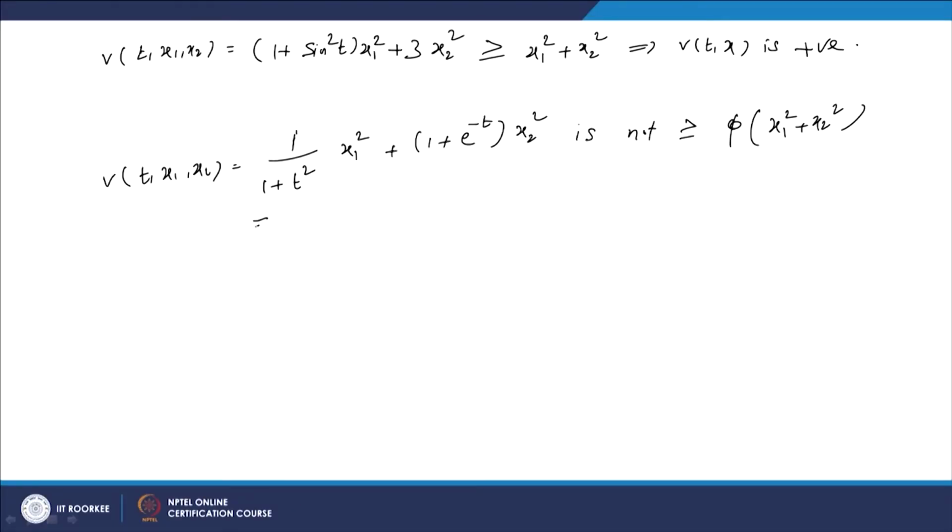So, it cannot be greater than or equal to any particular fixed quantity. So, this implies it is not a positive definite function. Even though the expression shows that it is always positive, it is not a positive definite function.